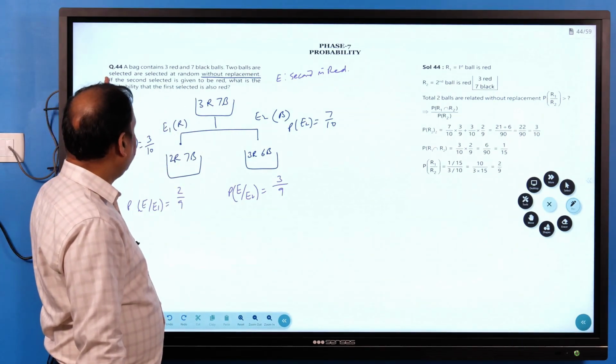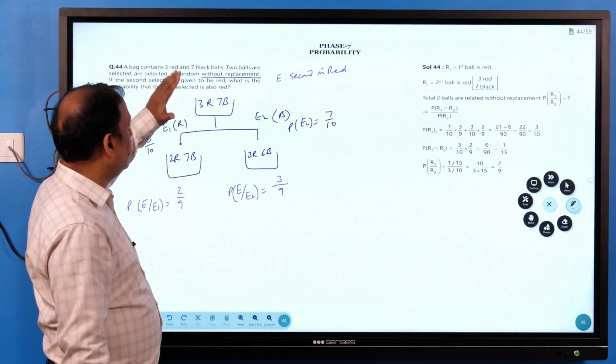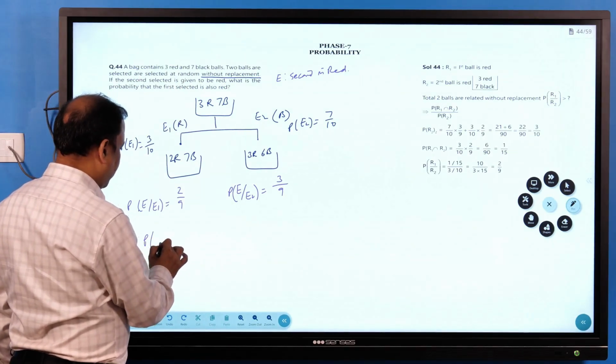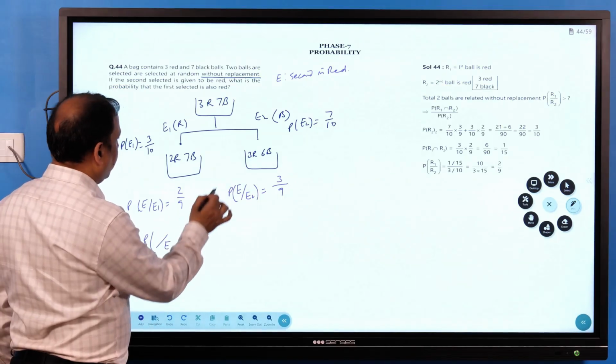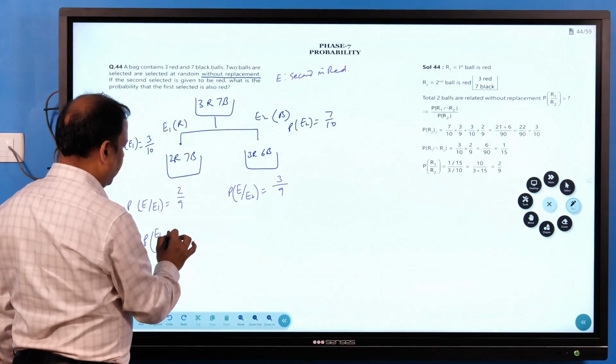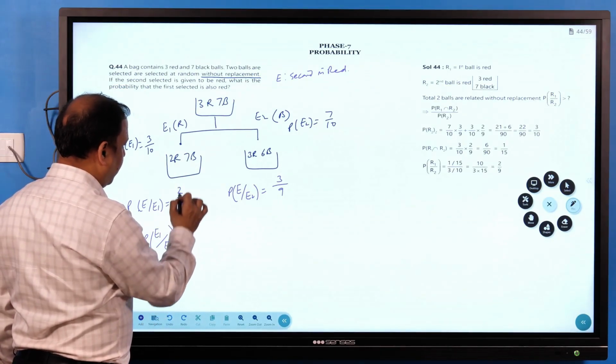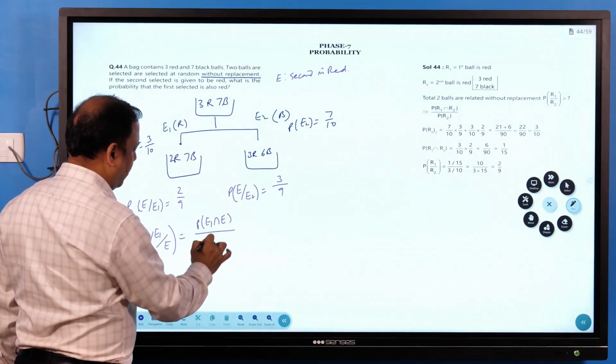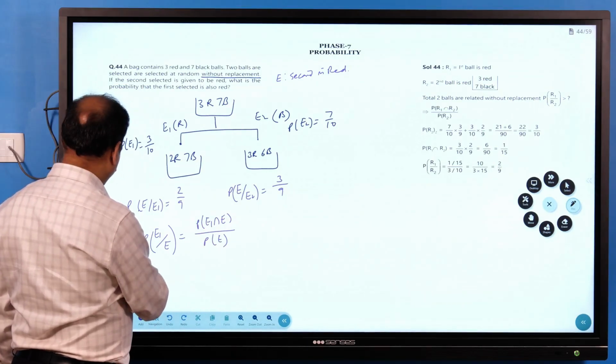Now, what is the probability that the first selected is also red? So I have to find, given that E has happened, the probability of E1. This is equal to probability of E1 intersection E upon probability of E, Bayes theorem.